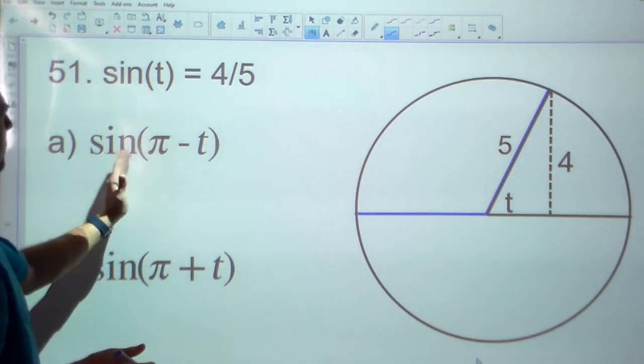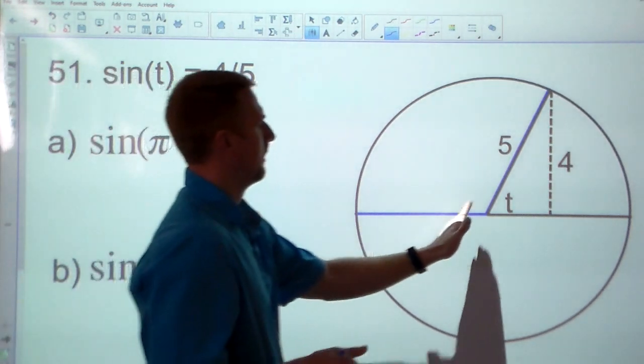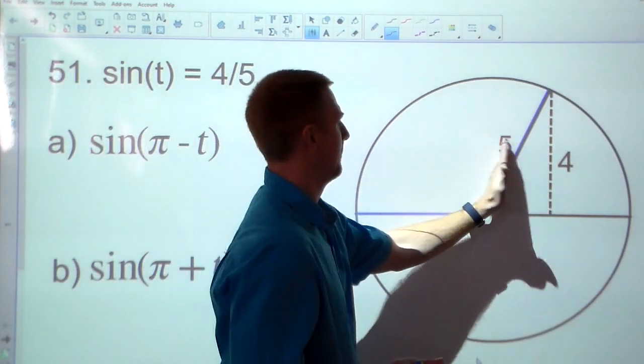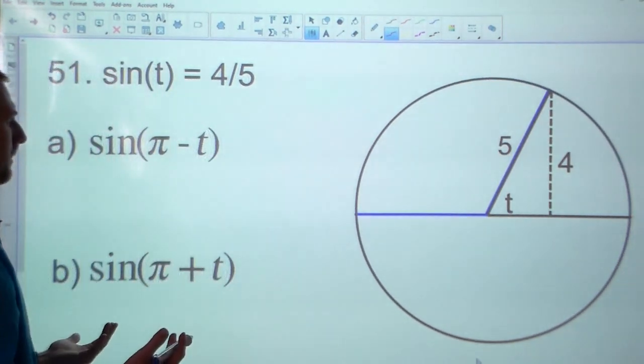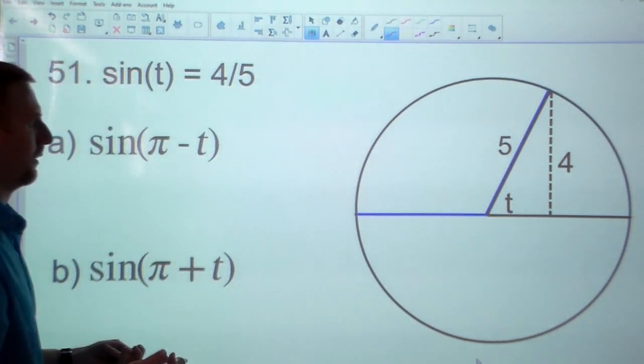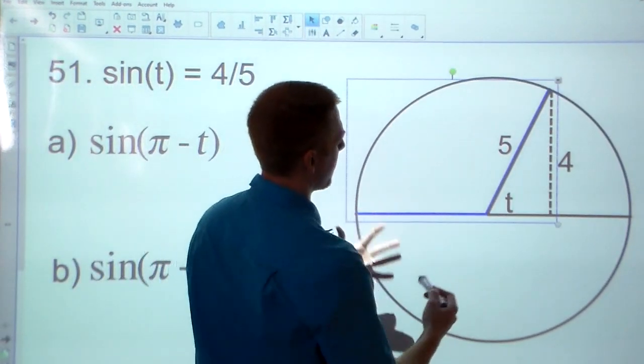So this is pi minus t. If that's t, whatever makes it the rest of the way over, that's going to be the supplement. I said complement earlier, I meant supplement. So I'm going to try to animate this.